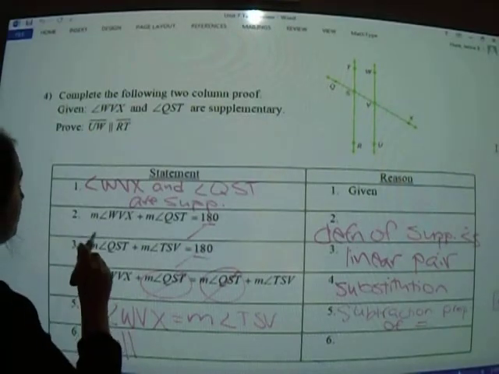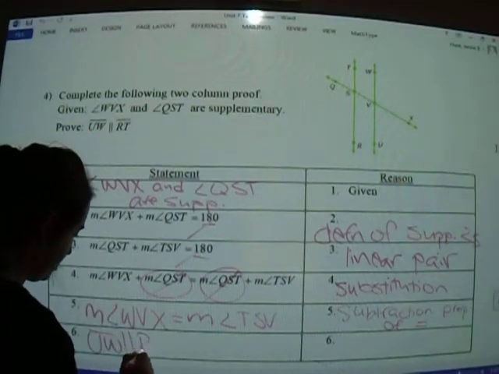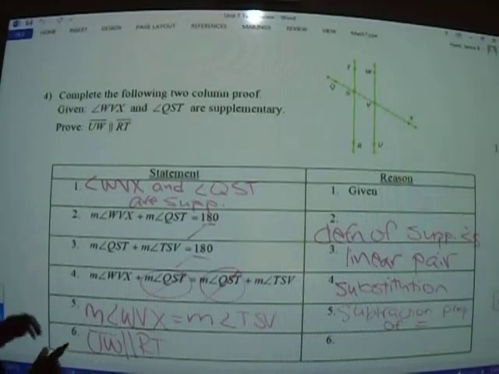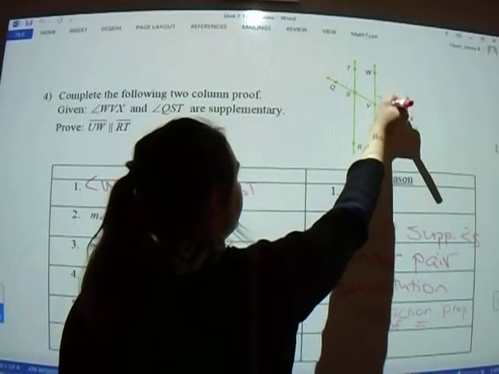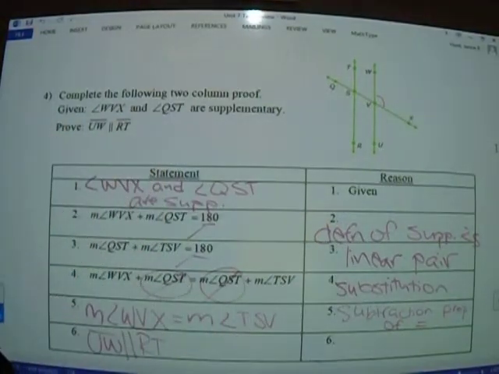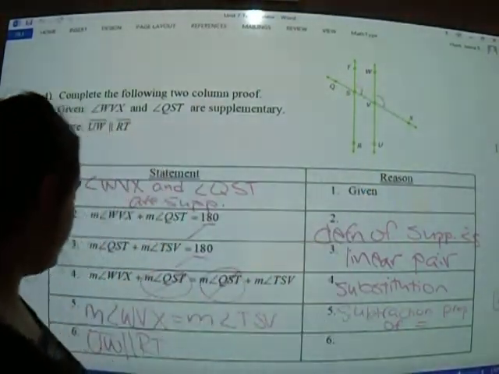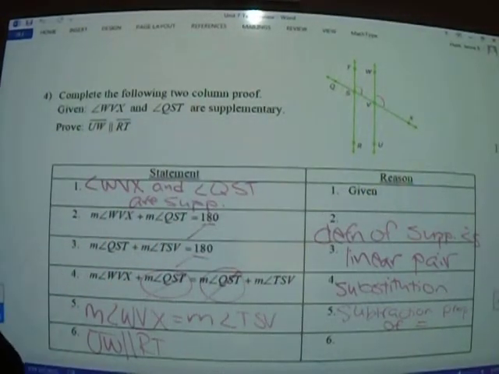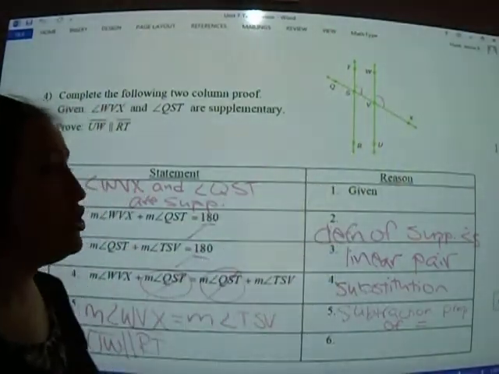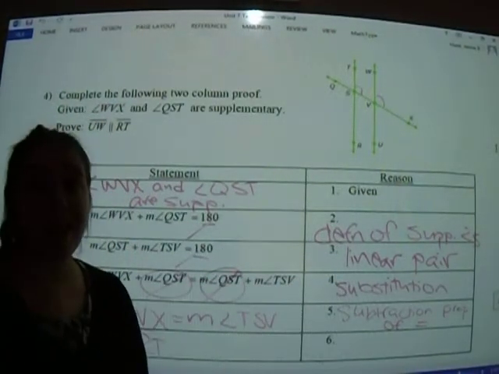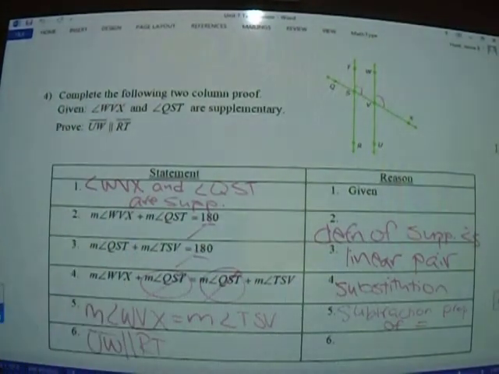And finally, we can put what we're trying to prove. UW is parallel to RT, right? So we have WVX, this right here, is congruent to TSV, that's this right here. So in order to prove that they're parallel, these are corresponding angles, right? So two corresponding angles are congruent if the two lines are parallel.